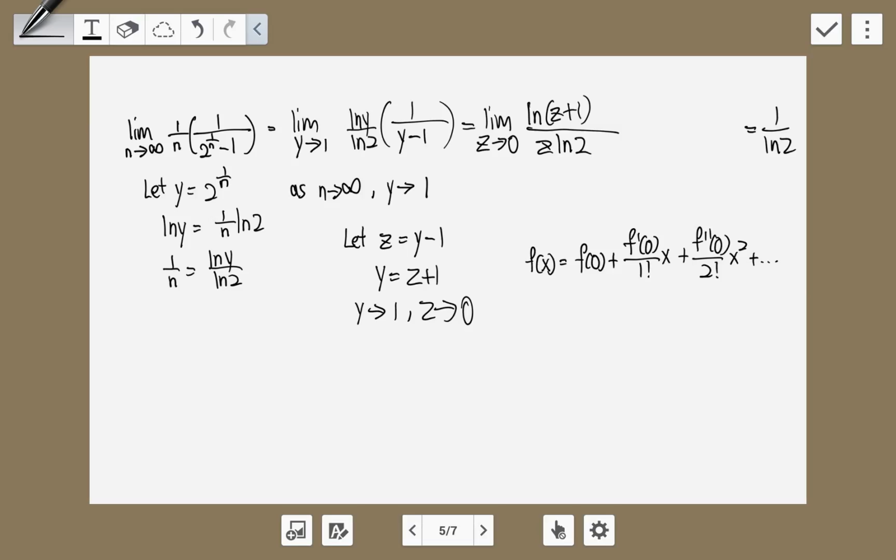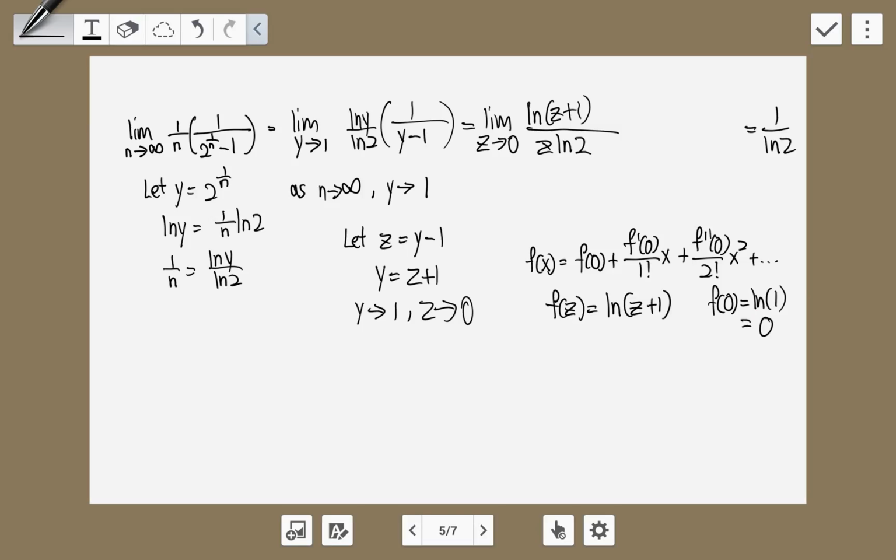This is the general Maclaurin expansion, but in this case our f(z) equals ln(z + 1). So our f(0) is just ln 1, which equals 0.